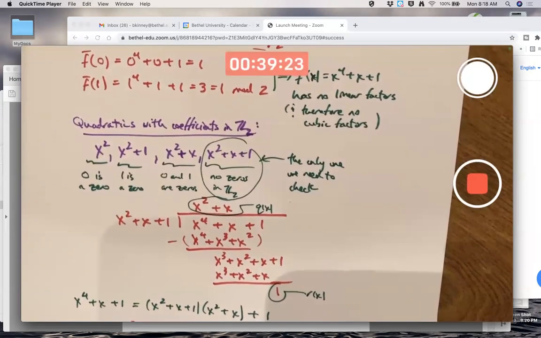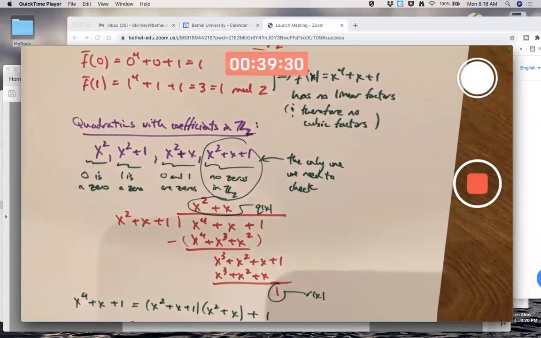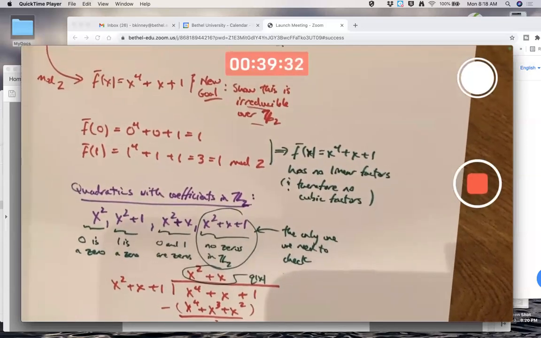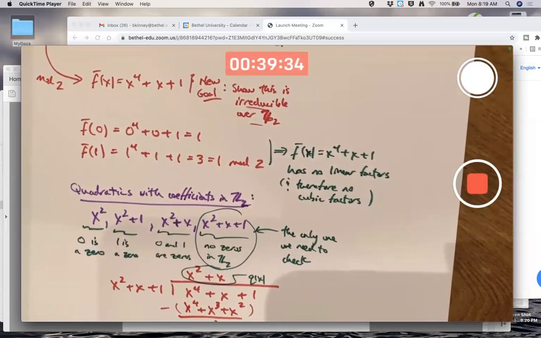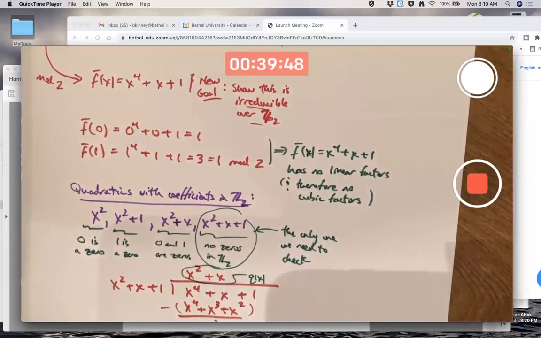I have a question. Mm-hmm. Why does f bar not having any zeros imply that it has no linear or cubic factors? Yeah, that's essentially the factor theorem back in chapter 16.